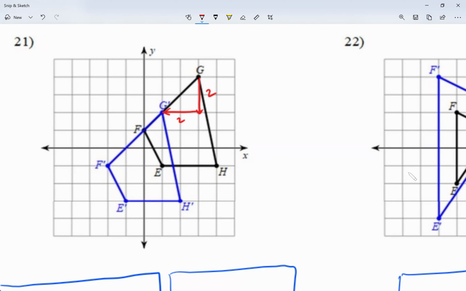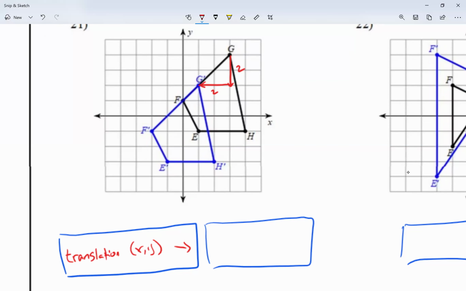And then it says XY becomes. Okay. Now for translation, remember I have to open and close my parentheses. So I'm just going to open. Don't forget to close at the end. So first, sideways. I'm moving two to the left, right?